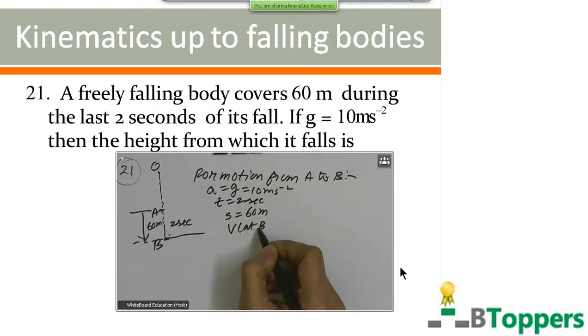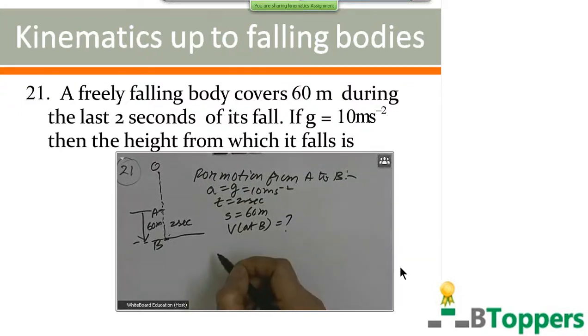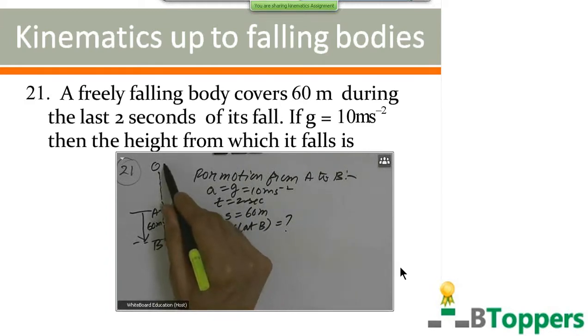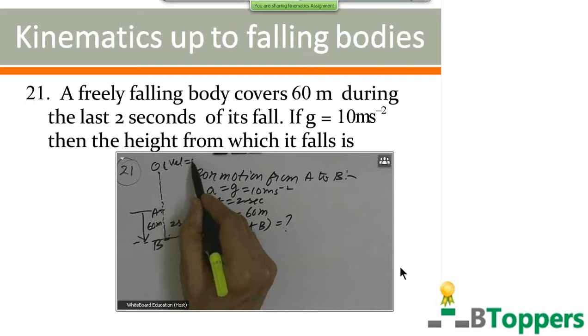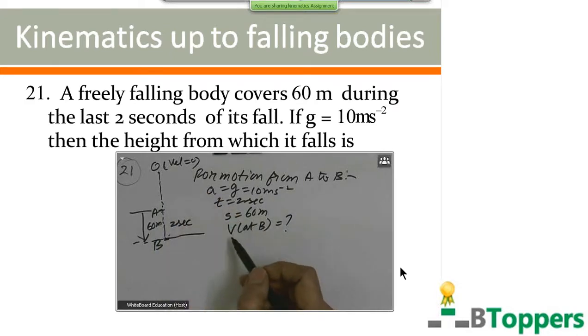You have to find the final velocity at B. You cannot take velocity at A as 0. Velocity is 0 at the beginning of fall, at the point O. So you have to select the kinematics equation in terms of these 4 letters, a, t, s, v. That means you have to select the equation without the letter u.